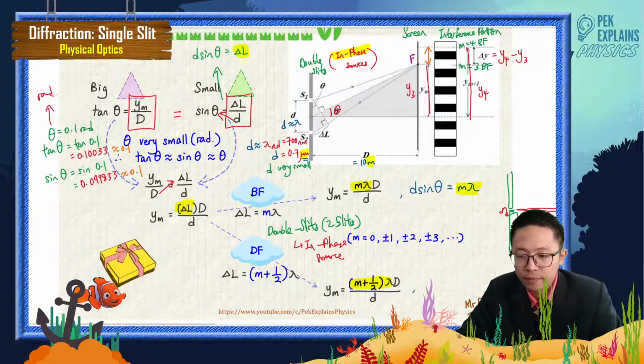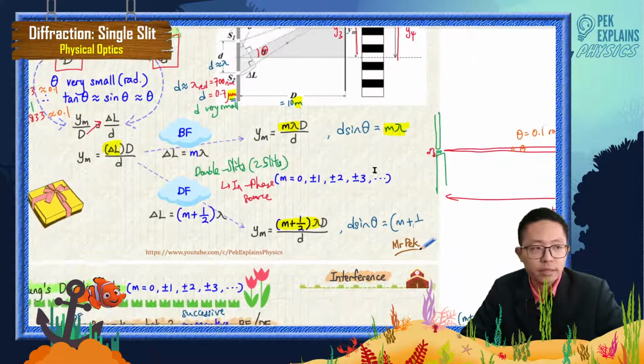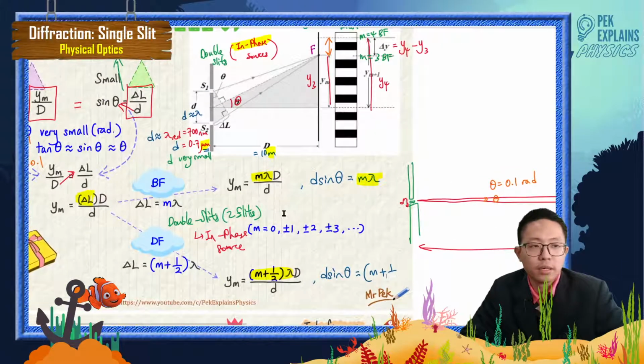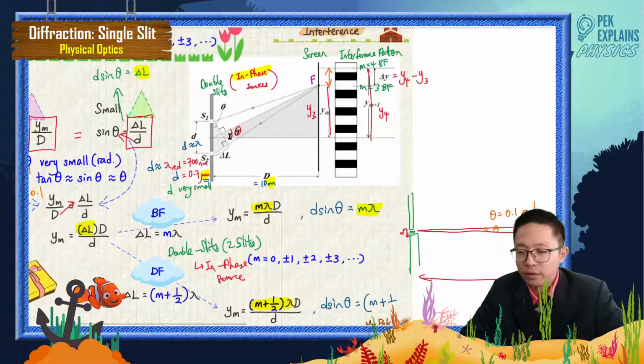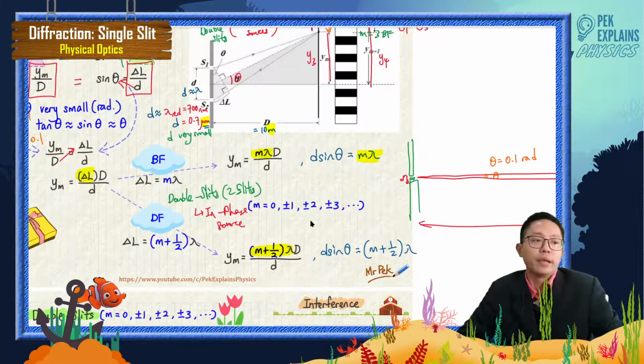We will get d sine theta equal to m plus half lambda.